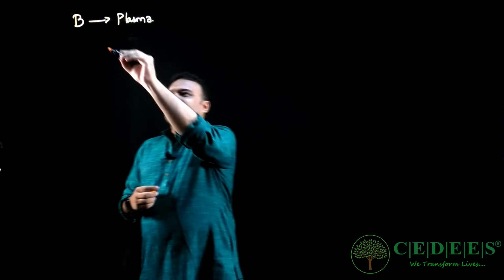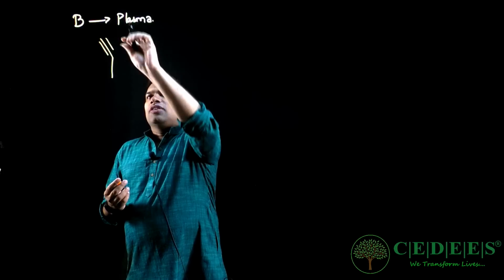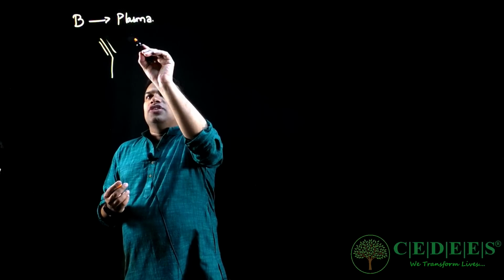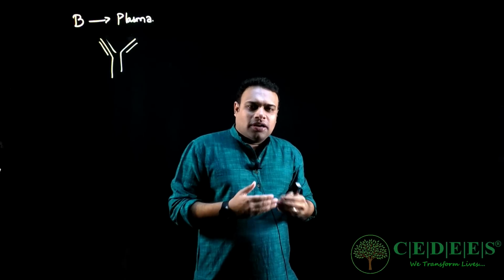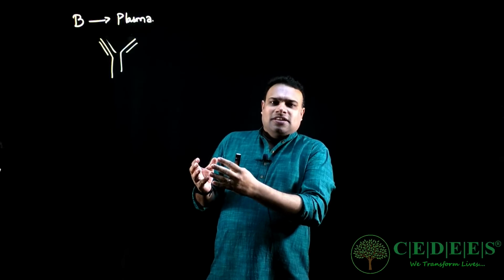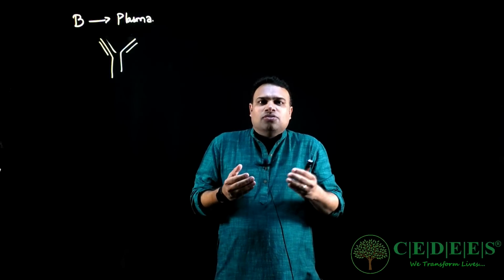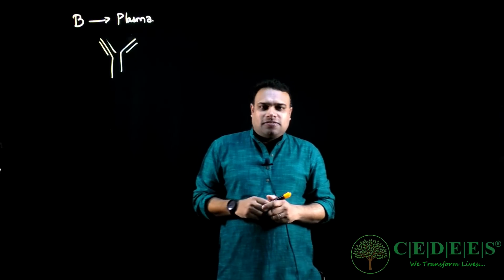So you must have all seen this normal immunoglobulin structure, right? You have your light chains and you have your heavy chains and all this kind of stuff. And what happens in multiple myeloma is that you have a lot of these light chains which are basically produced in excess. And we must have heard about Bence-Jones proteins. Now they are nothing but your light chains, right?